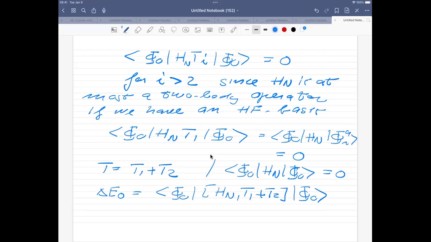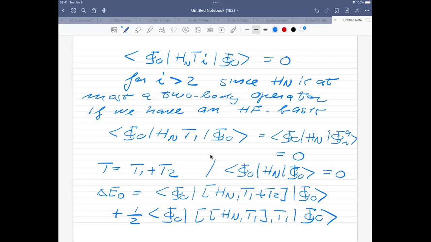And I have an additional term here, which comes from the nested commutator. In that case, I can only have T1, because I cannot have T2 mixed in there, since that would produce higher excitations. So I would get a nested commutator where I at most have T1 and T1 with phi 0. And this is where it stops for the energy. It's easy to see that because the energy is given by the expectation value of H_N with some of these commutators.